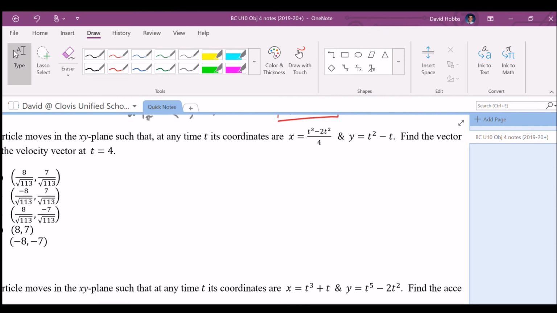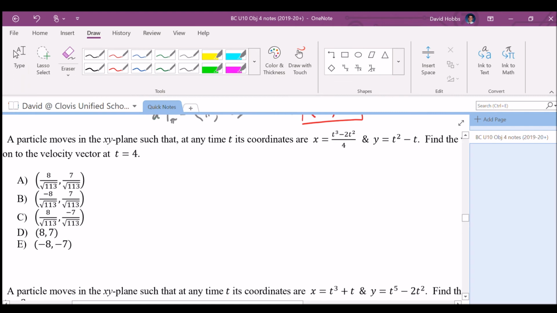If this is x and y, we need dx/dt and dy/dt. For dx/dt, I can just bring the 1/4 out in front, so 1/4 and 3t squared minus 4t.